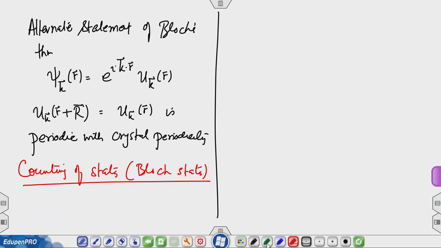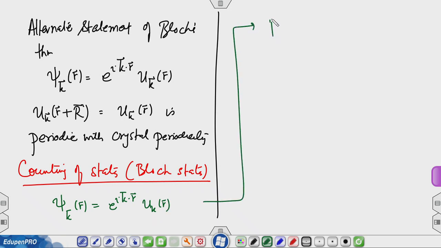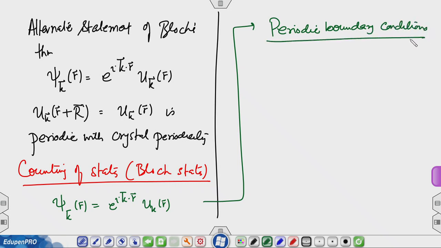Now, see, I wrote the form of the Bloch wave function psi k r equals e raised to i k dot r u k r. For counting, we again apply periodic boundary conditions, just like we did for plane waves or for phonons.